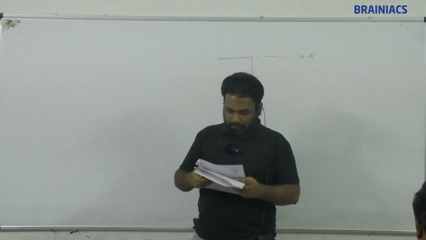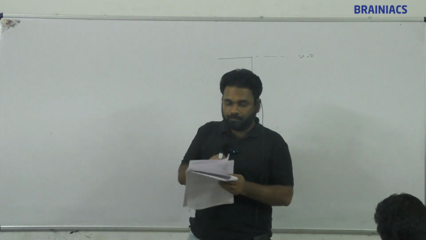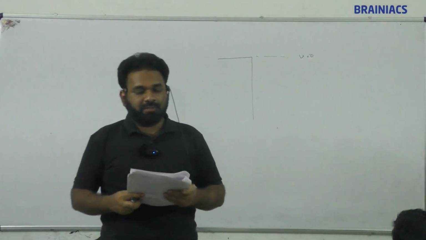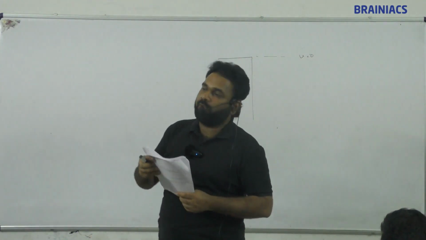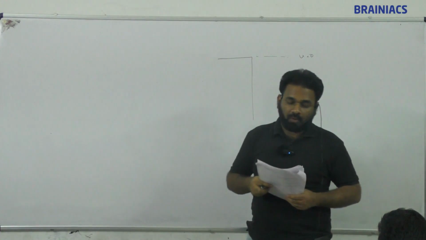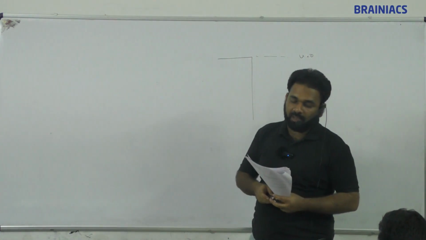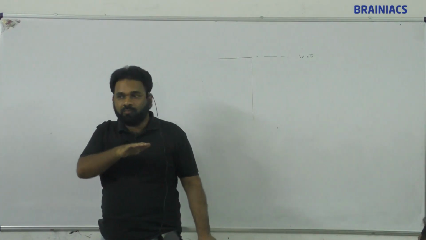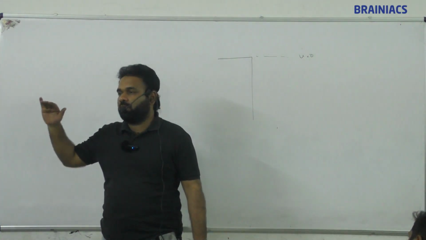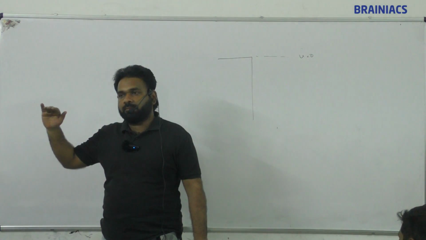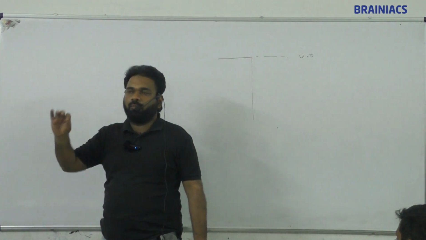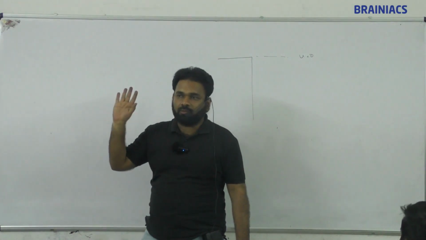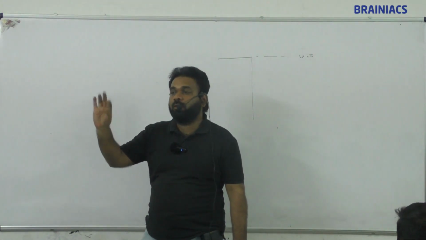Okay, next one. 54. Two stones each of mass 5 kilogram fall on a wheel from a height of 10 meters. See, we are almost finishing all the concepts of energy, kinetic energy and all the aspects of potential energy. Now the remaining topics will be power and collision.